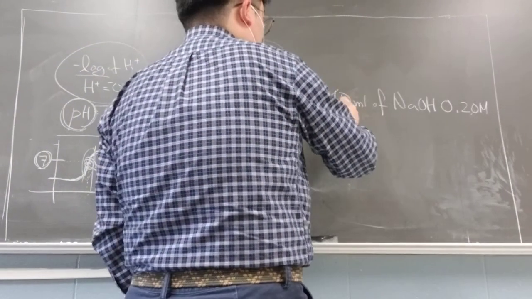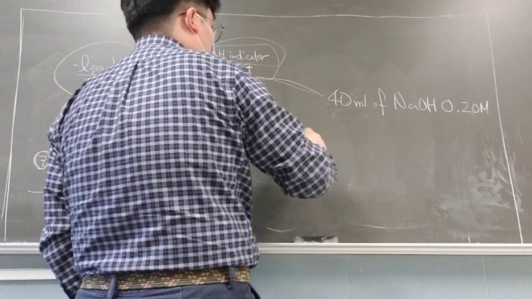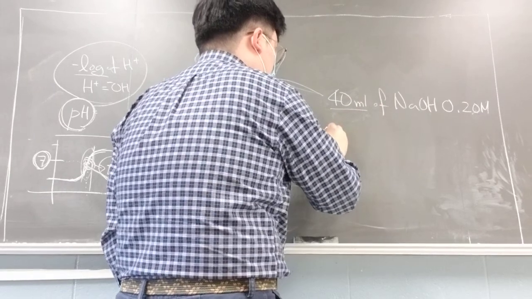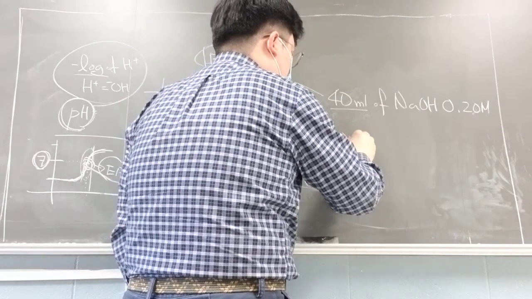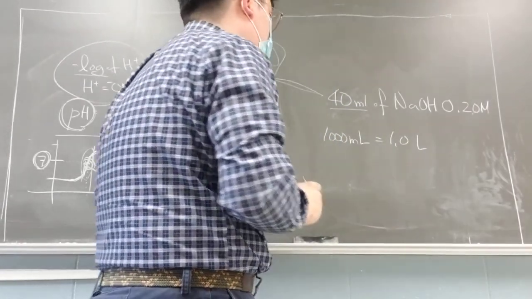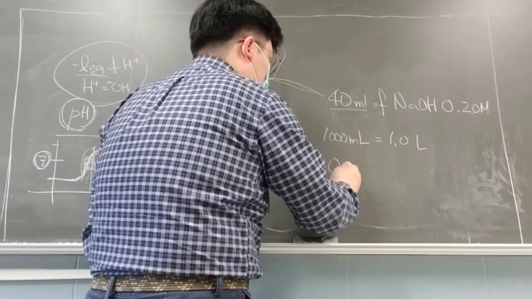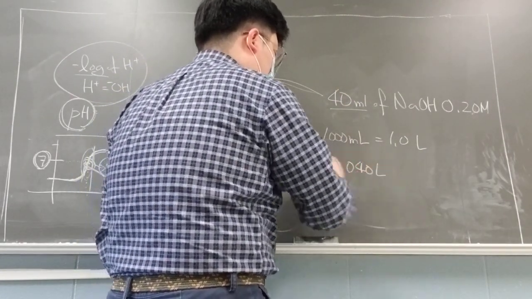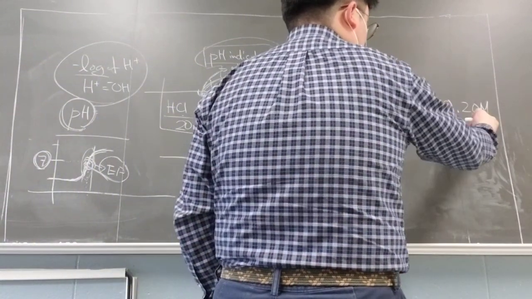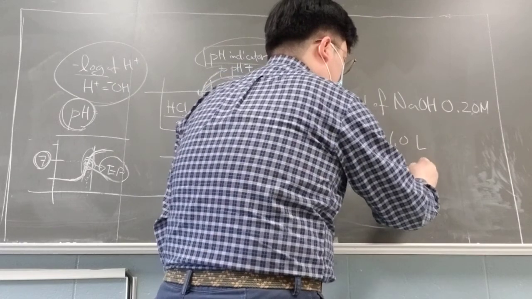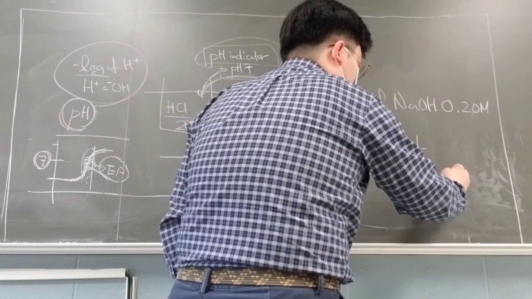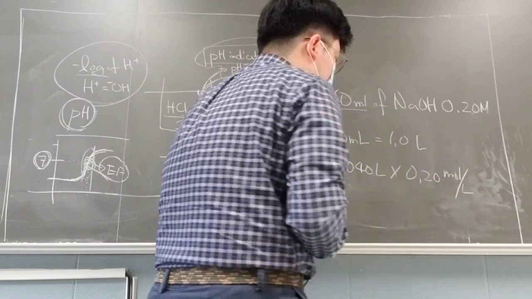this is where you can assume or estimate the numbers of these two ions should be the same. So when it hits here, this is 1,000 milliliters to 1 liter. Okay, so this is the same as what? 0.04 liter. Okay, and then, what we learned before, molarity is the same as what? Moles per liter. Okay.